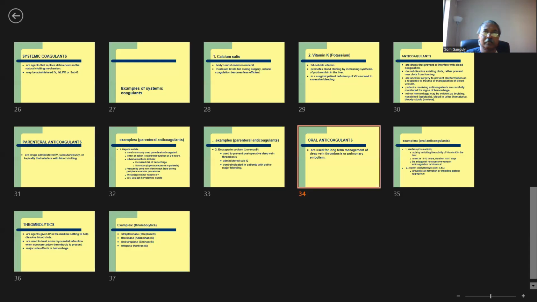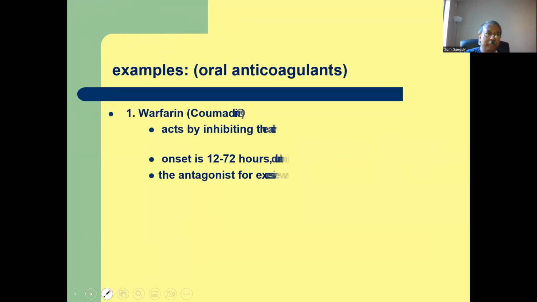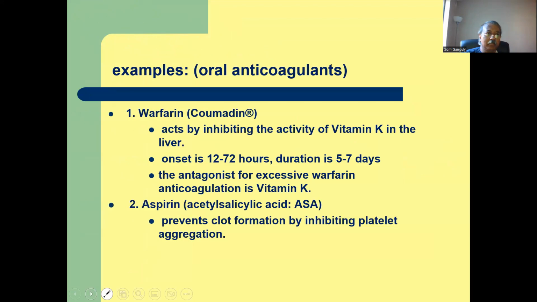Such anticoagulants that we have available as oral are, a very common one that everybody has at home, aspirin. Acetylsalicylic acid, ASA, aspirin.